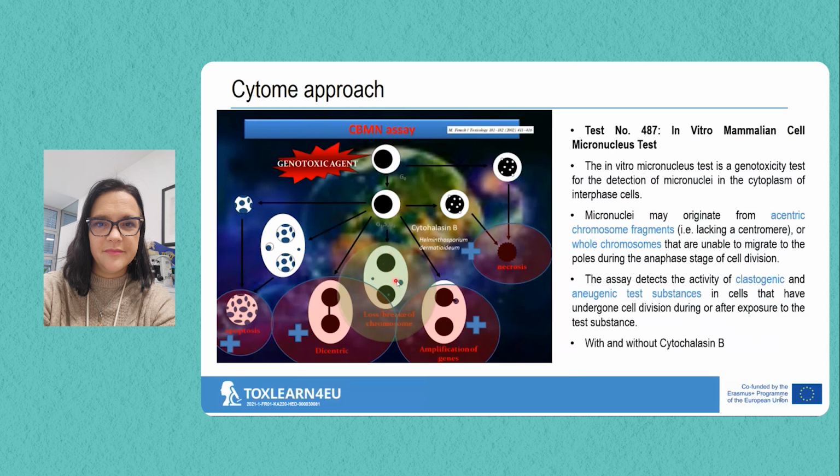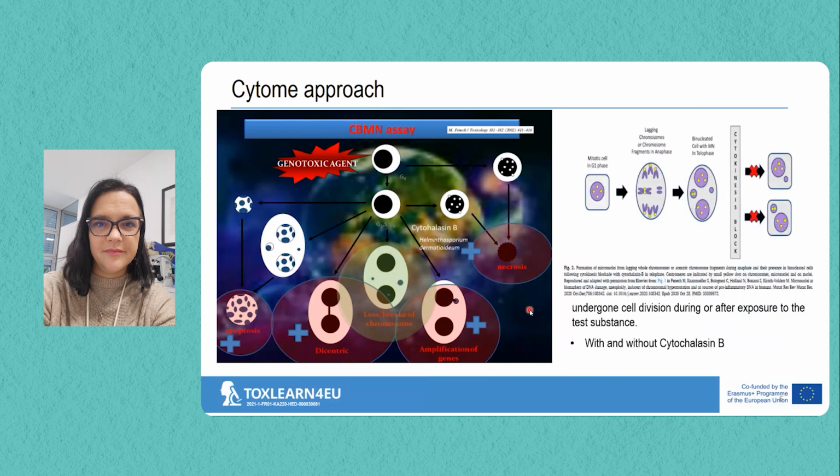It has a round shape and is located in the shared cytoplasm outside of those two daughter nuclei. Micronuclei can originate from acentric chromosome fragments, that means from the loss of part of the chromosome, or breakage of the chromosome, or the loss of the whole chromosome.